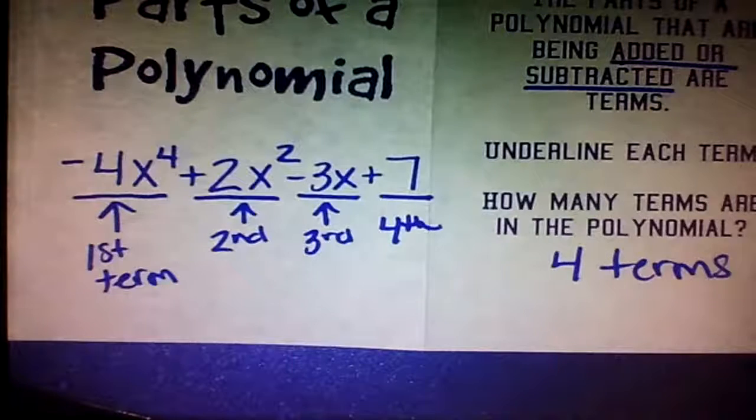So your first term is -4x to the 4th. Your second term is +2x to the 2nd. Your third term is -3x. And your fourth term is +7. Okay. So the adding or the subtracting sign tells you whether your term is positive or negative. And you keep everything. You keep the number, you keep the variable, and you keep the exponent.